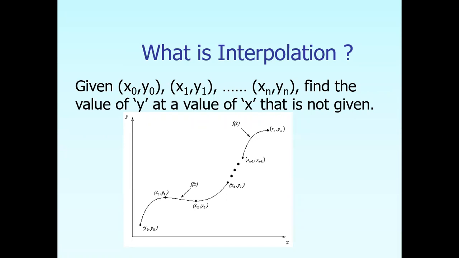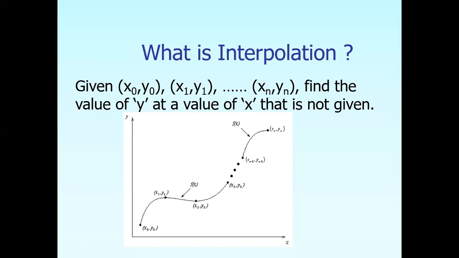Suppose given the coordinates x0 comma y0, x1 comma y1, up to xn comma yn, find the value of y at a value of x that is not given. Means suppose the x value is given and we can find the values of y by using the given data, that is the given values of x and y.